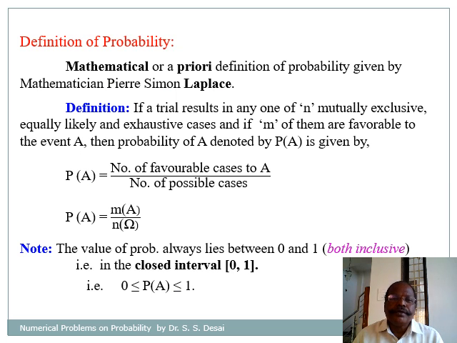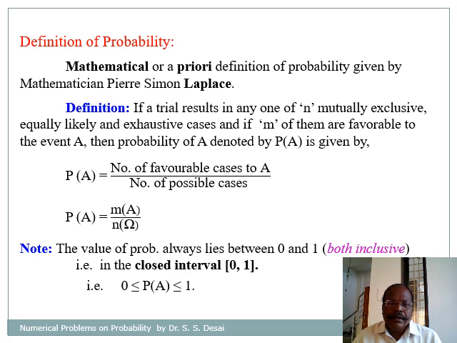In the last lecture we have seen the history of probability, some terms related to the definition of probability, and also the definition of probability. You remember the definition given by Laplace, which is known as the a priori definition of probability: the probability is equal to the ratio of the number of favorable cases to the number of possible cases, that is m divided by n.